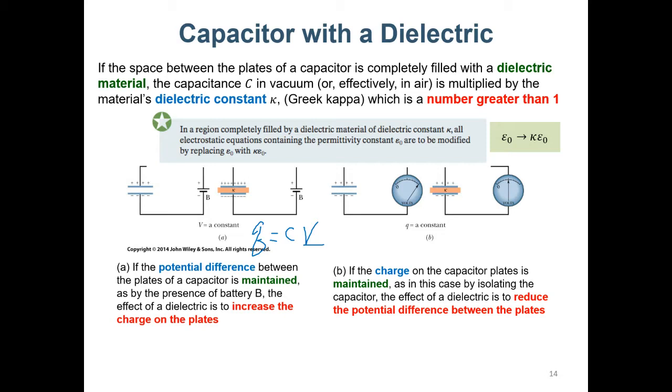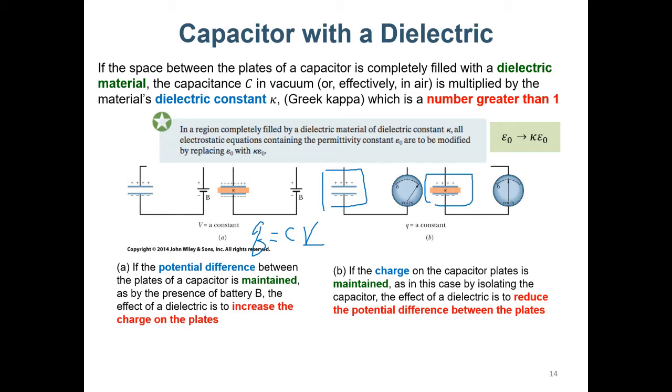In another case, you just store some charges, and then you disconnect the battery so that the charge cannot go away. So it remains the same charge for both cases, and then you measure the voltage across the capacitor. After you plug in the dielectric slab, the voltage will drop.